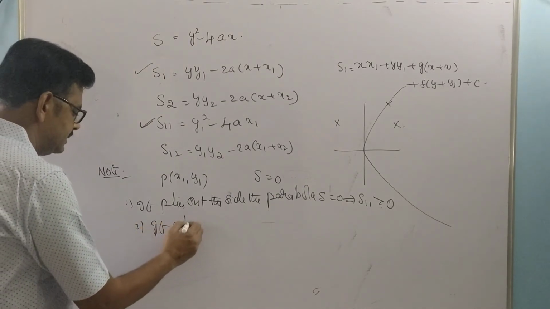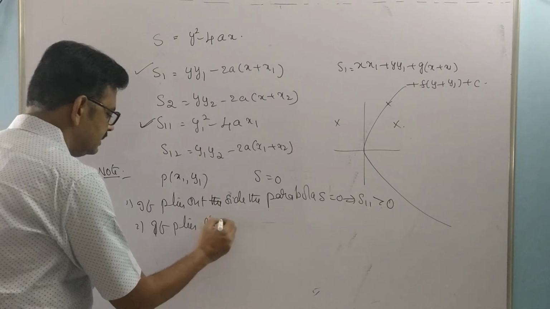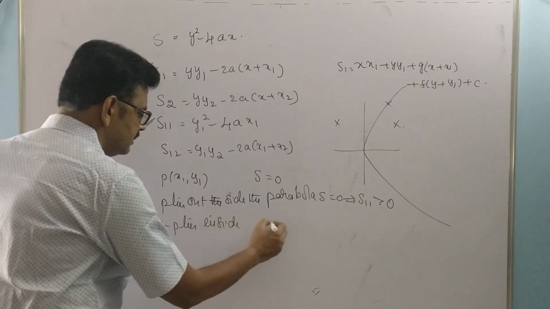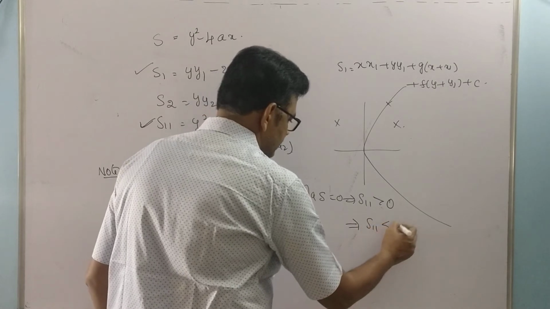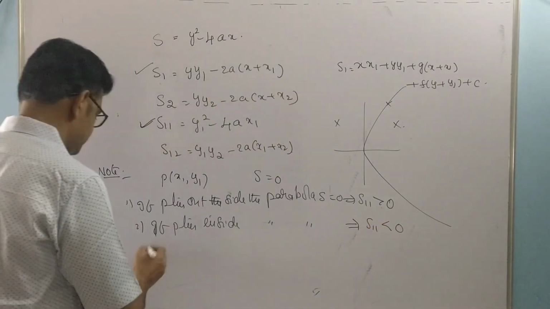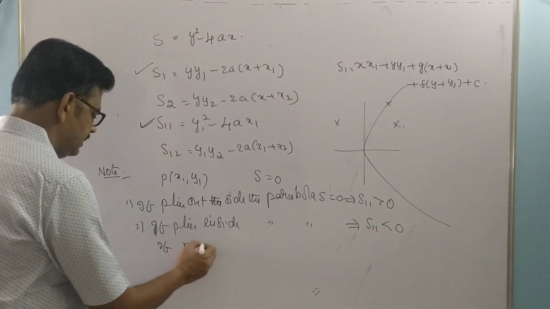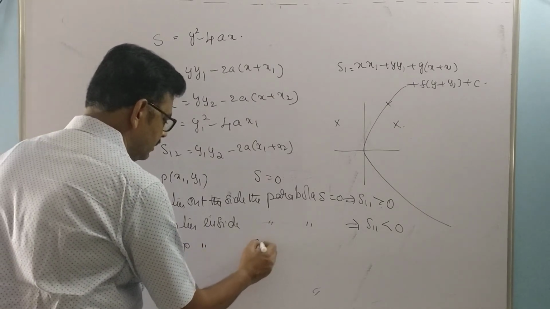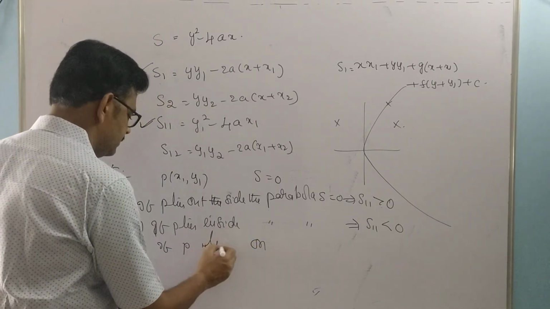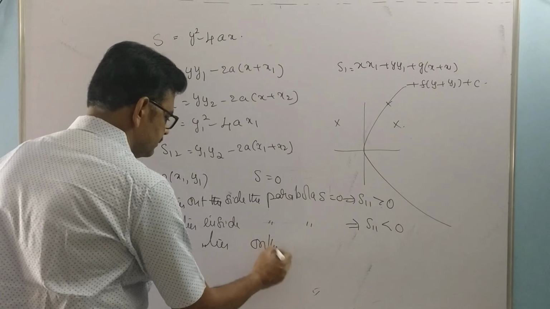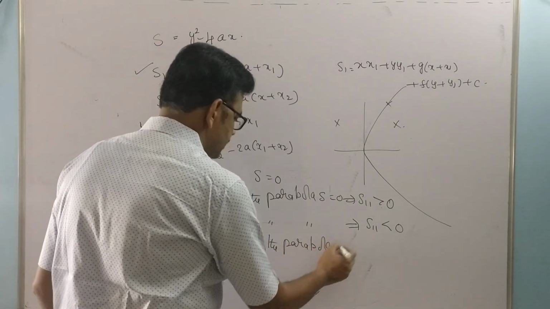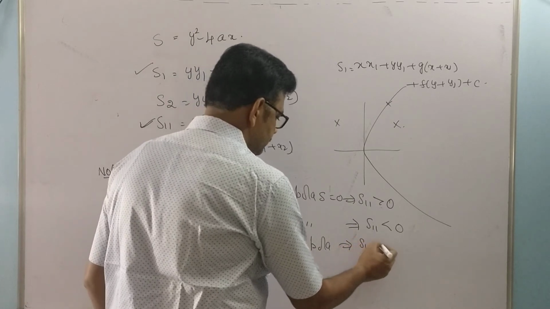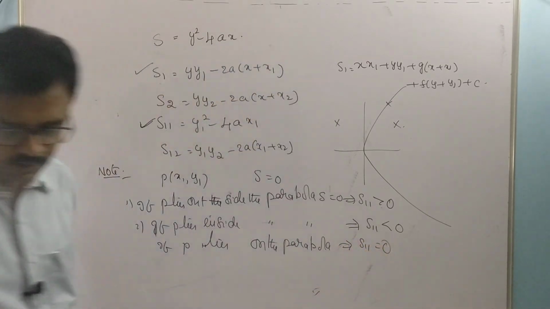If P lies inside the parabola, it implies S11 less than 0. If P lies on the parabola, it implies S11 is equal to 0.